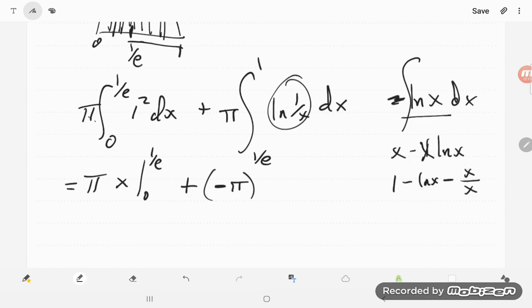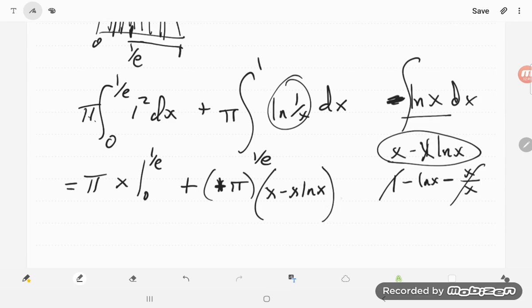And, oh, well, that's interesting. That is a minus log of x. How about that? When I take the derivative of this, that cancels and I get minus log of x. And so actually I want to leave that as a plus, make that a minus log of x. And so my antiderivative here is x minus x log x. So we don't know how to do that antiderivative, but we could look it up. And that goes from 1 over e to 1.